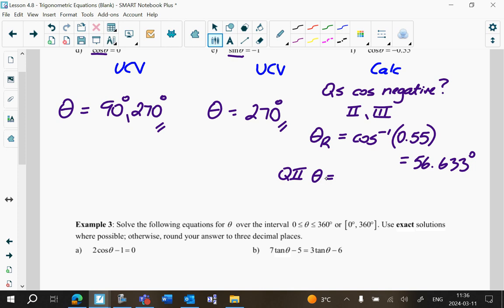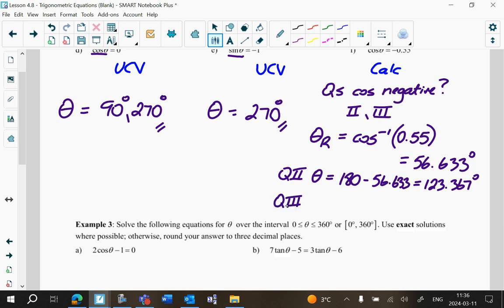It's always 360 or 180. 180 minus the reference angle, and that will give us an answer of 123.367. Because remember, in quadrant 2, we're going to go 180 minus whatever the reference angle is to find the actual angle. In quadrant 3, well, we've already done one like it.